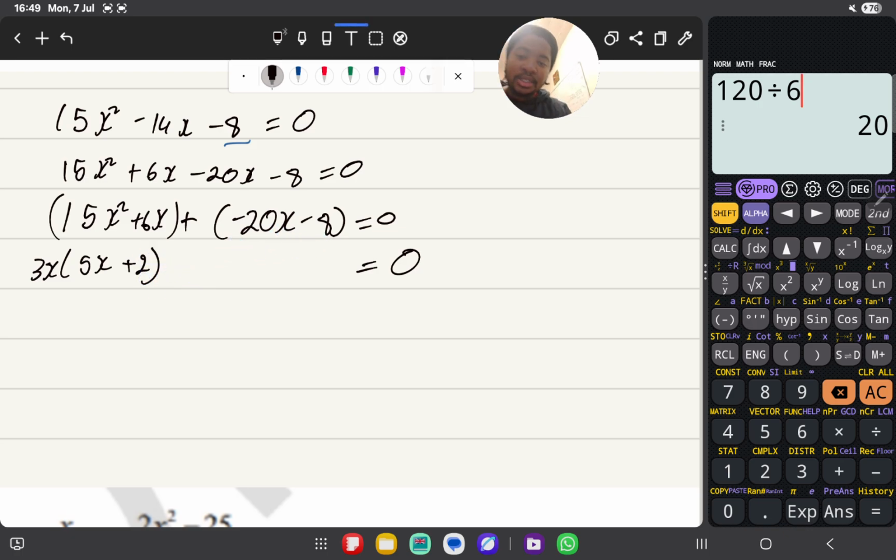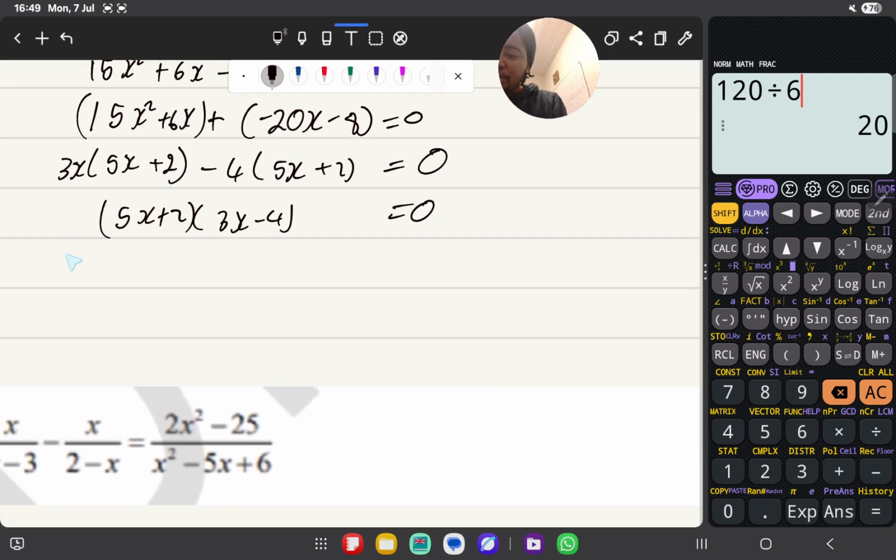And then here we take out the negative 4, which is the highest common number, so minus 4 times 5x plus 2. The highest common factor is 5x plus 2, times 3x minus 4.